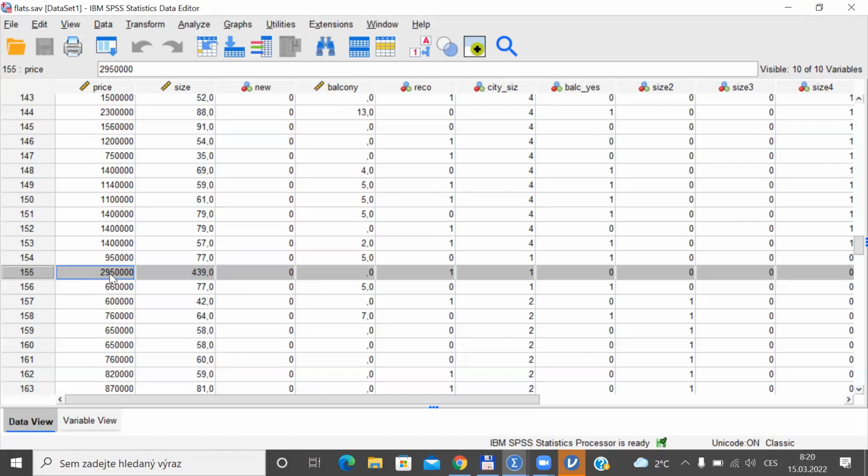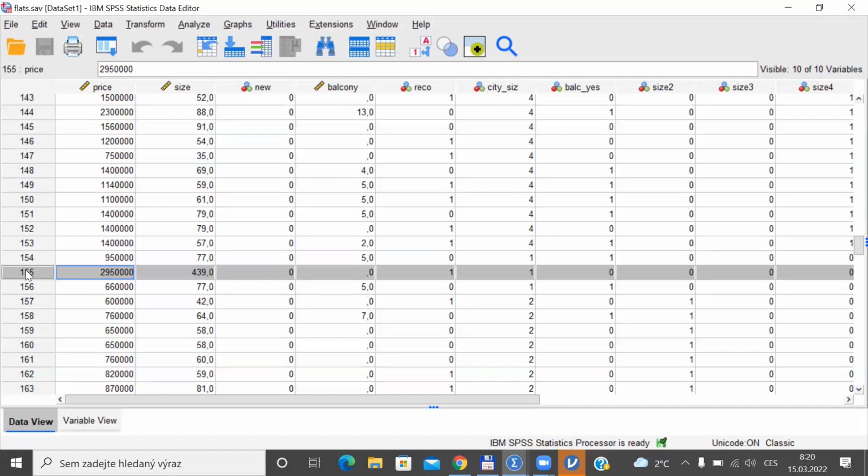It was slightly below 3 million Czech crowns. So we know that this is really influential point, and we detected this point not only by regression diagnostics, but also by dot chart, but still we would like to show capabilities of SPSS in detection of these outliers.